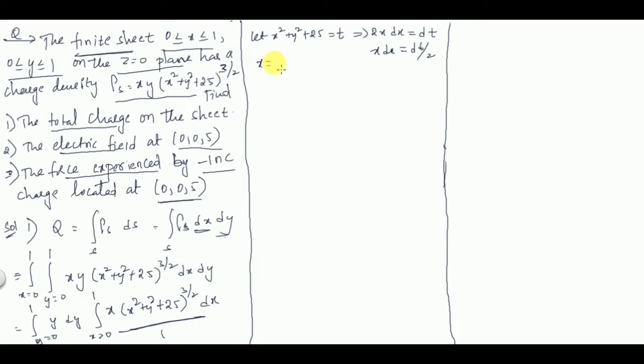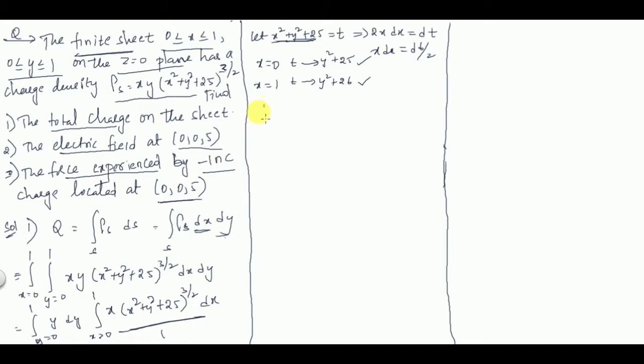When x is equal to 0, t is y square plus 25, because substituting x equal to 0 gives y square plus 25. When x is equal to 1, t is y square plus 26, since y square plus 25 plus 1 is y square plus 26. So when x goes from 0 to 1, t extends from y square plus 25 to y square plus 26.